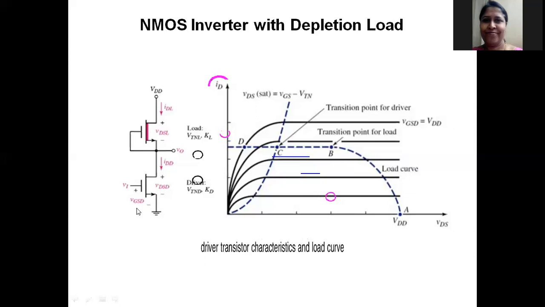VDS of this enhancement device is nothing but the output voltage. So if you plot the values you get for VGS and V0, you observe that the circuit works like an inverter.